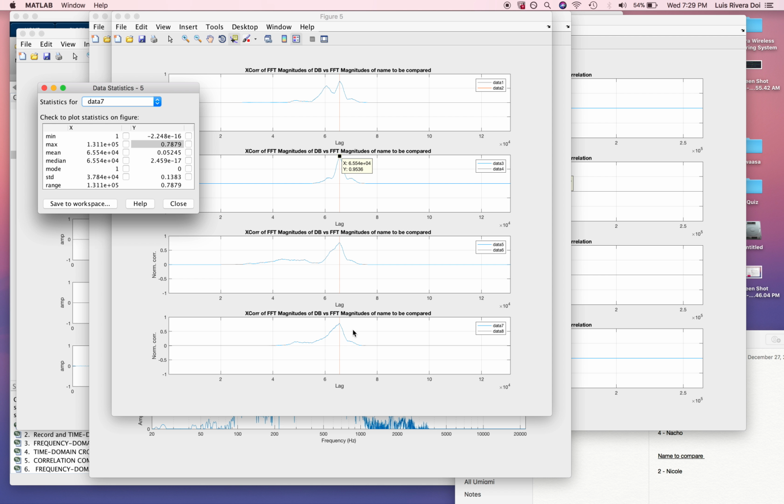So as you can see, in the frequency domain, I have been able to make a match. I said Nicole, and in the frequency domain, we compared the way I said Nicole with all the names in the database, and the highest one was indeed Nicole. Nicole compared with Nicole gave a 95% chance in the frequency domain.